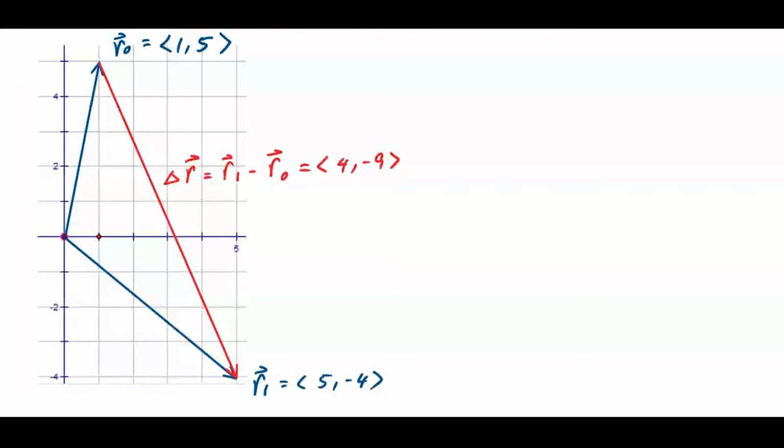So let's see if we can figure out the equation of this line. Point slope form requires a point and a slope, correct? So let's figure out the slope. Slope here is y2 minus y1 over x2 minus x1.